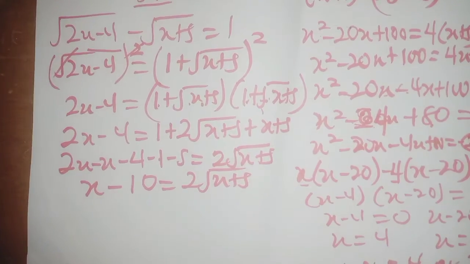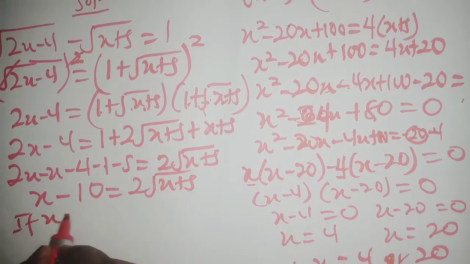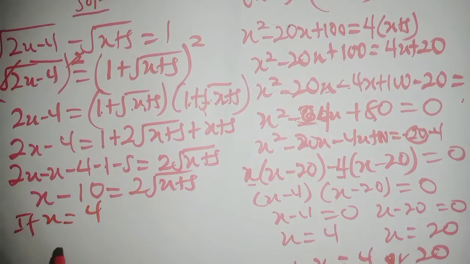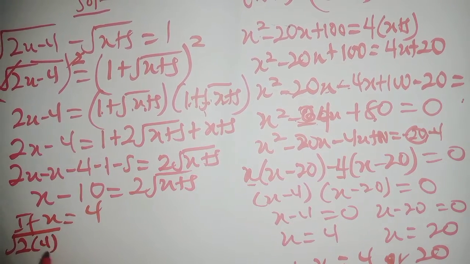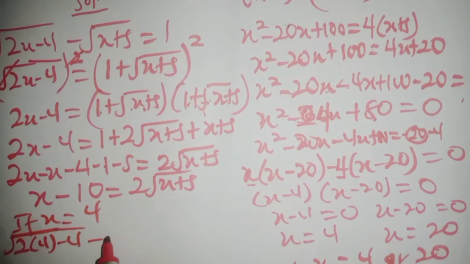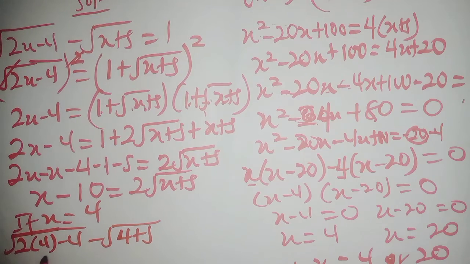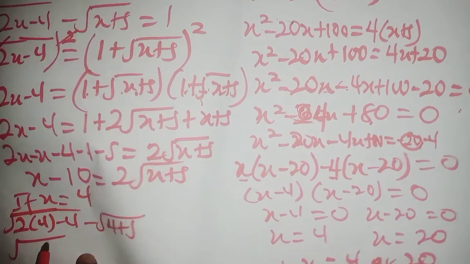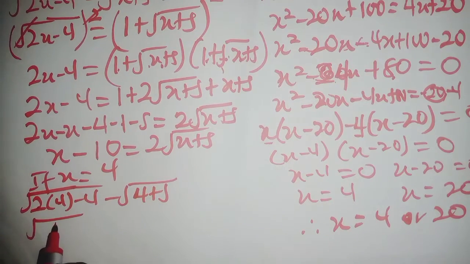So let's test that. So for the first testing, if x is equal to 4, then this becomes square root of 2 multiplied by 4 minus 4, minus square root of 4 plus 5. So this gives me 4 times 2 gives me 8, and then 8 minus 4 gives me 4 here.